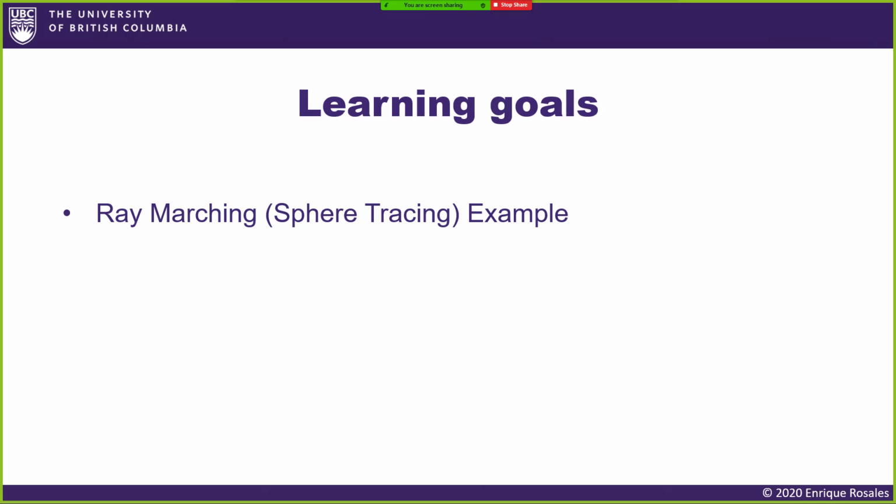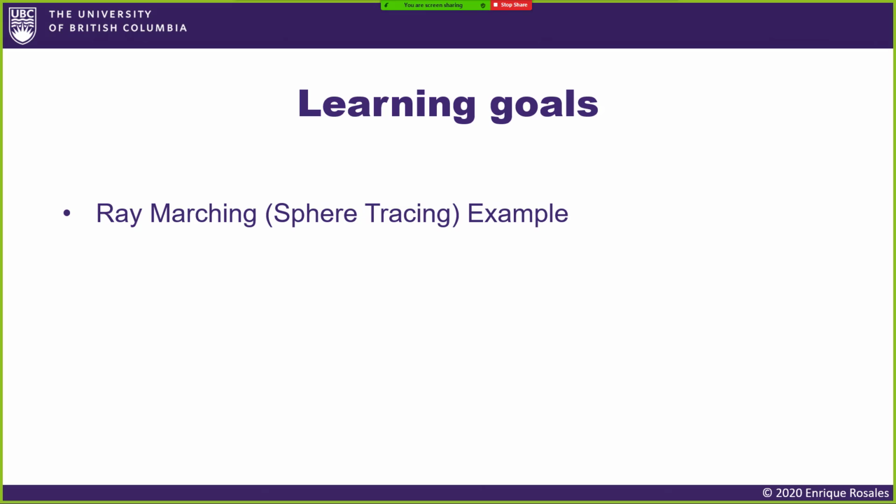And in those cases, sphere tracing is very convenient. But in some other cases, even if you are using very simple objects like spheres or cones or torus, for example, this is also very convenient and it's kind of cheap.